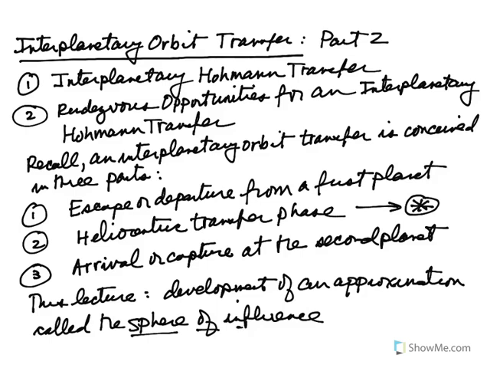Now, what is the sphere of influence? The sphere of influence actually allows us to determine which body is the primary body of gravitational influence on a spacecraft as it's moving between planets.